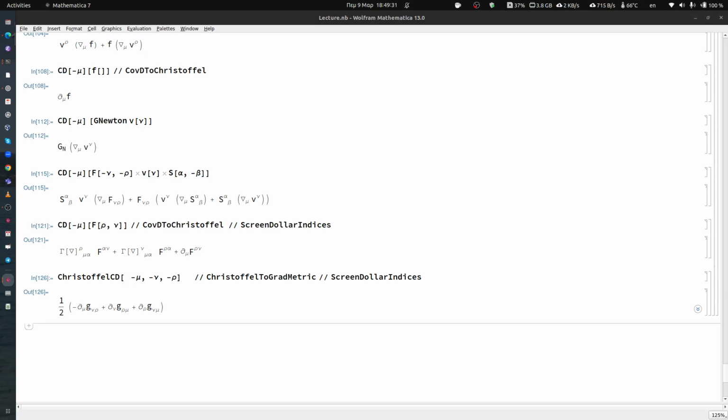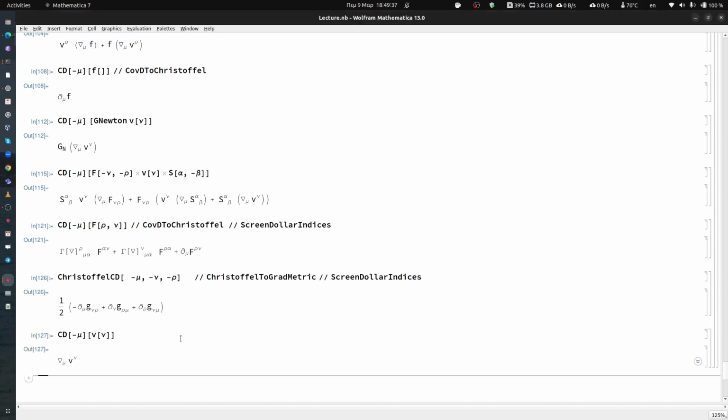So let's see how the covariant derivatives can be expanded in this form. So let's take the covariant derivative of a vector. First, we have to apply the function CovDToChristoffel, obtain this ugly looking expression. Make the dollars disappear.